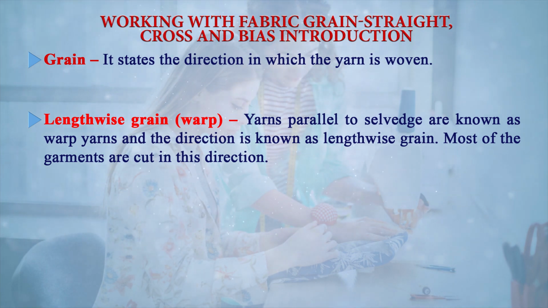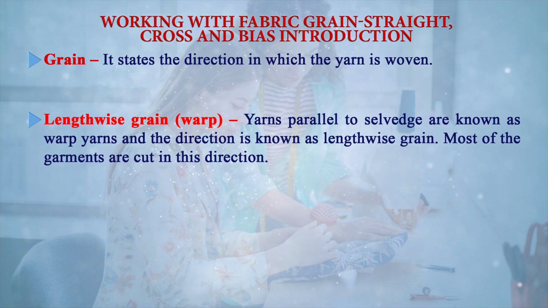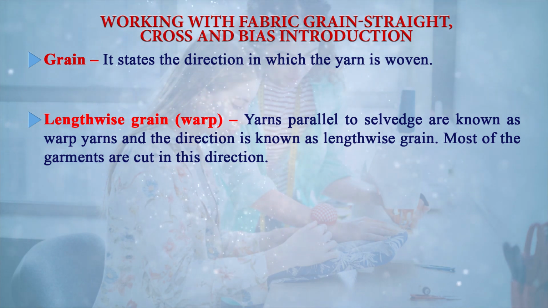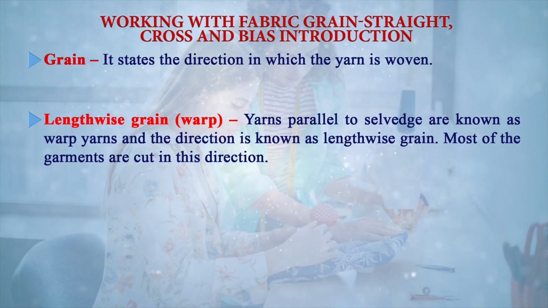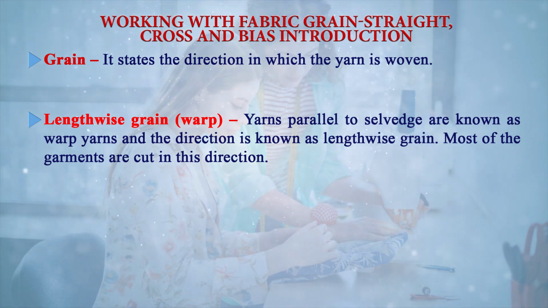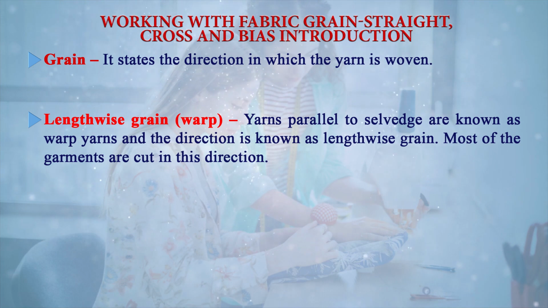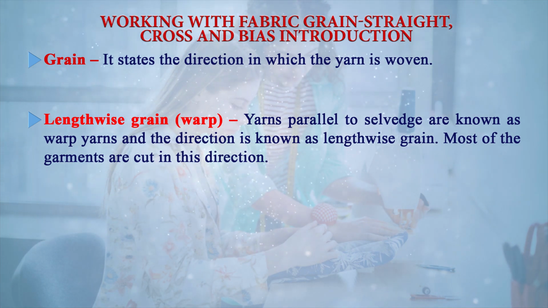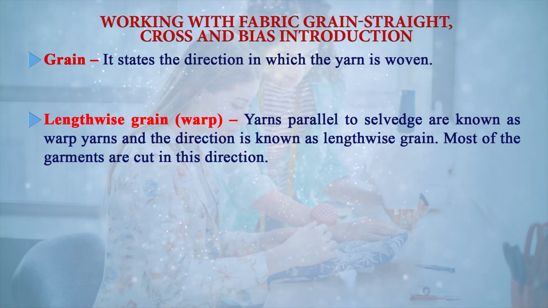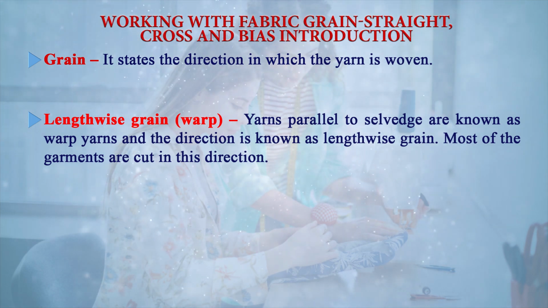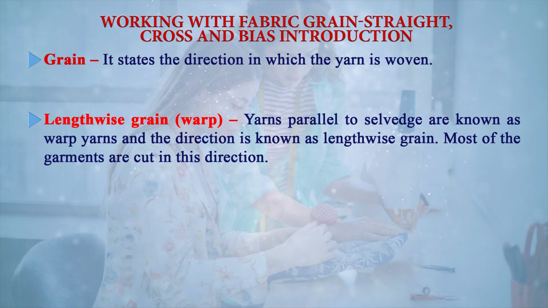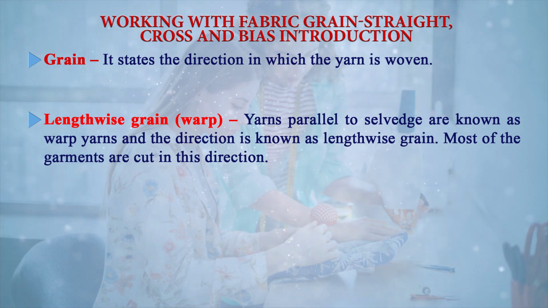After going through this video, you can just imagine and identify yourself that when you see a fabric, you see 2 yarns, and the yarn which is parallel to the selvage or the edge of the fabric is called the lengthwise grain. Most of the garments are cut in this direction only. When you cut the fabric for garment construction, most of the fabric is cut in the lengthwise direction.